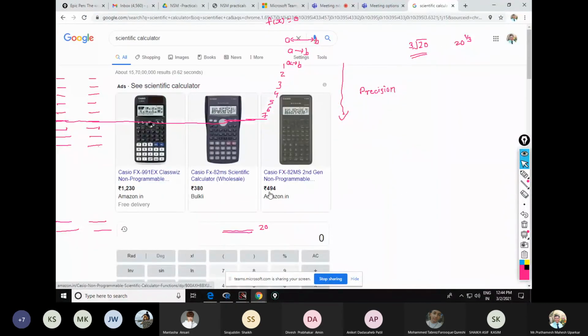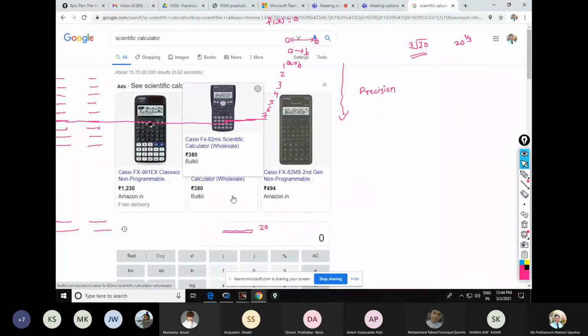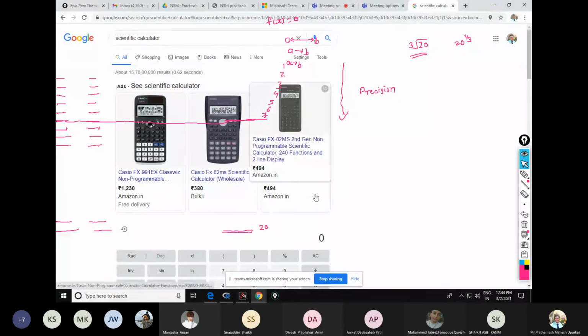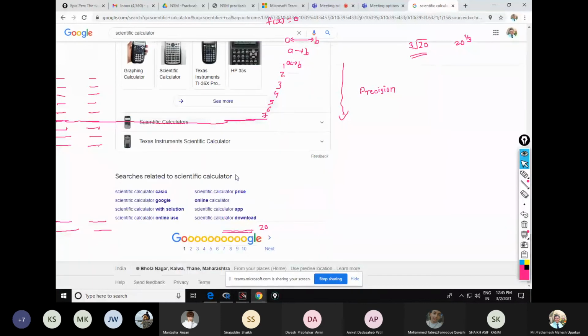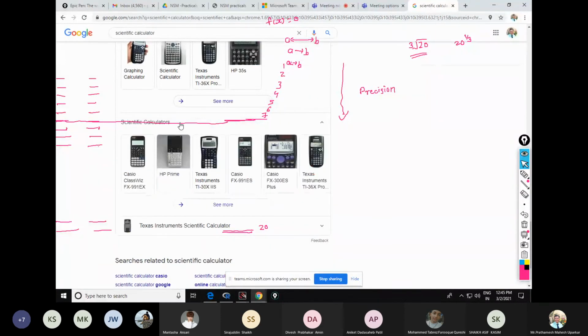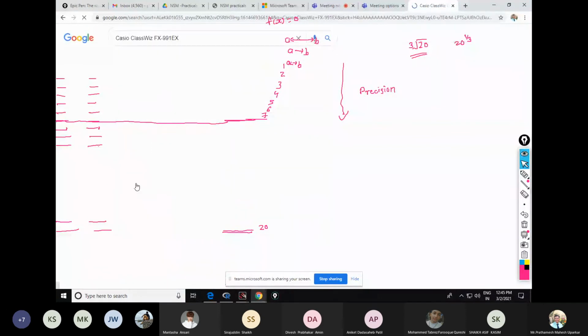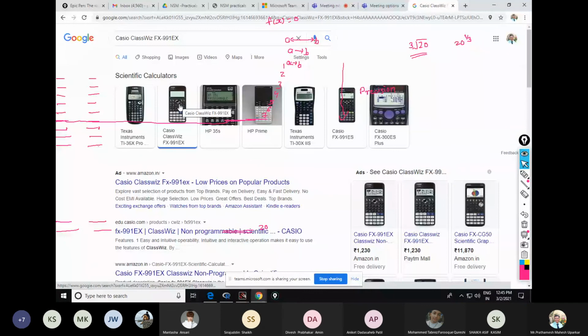You have to use a calculator, either this one, that is 82 MS, but I won't tell you to go for this 82 MS. You should go for ES. Okay, 82EX. This one is good. Casio 82EX, because this is going to be used for semester 4 as well.